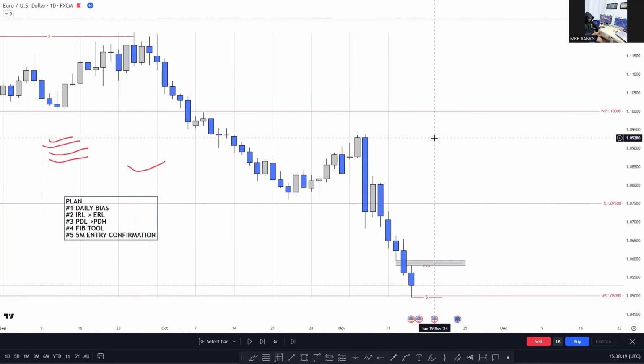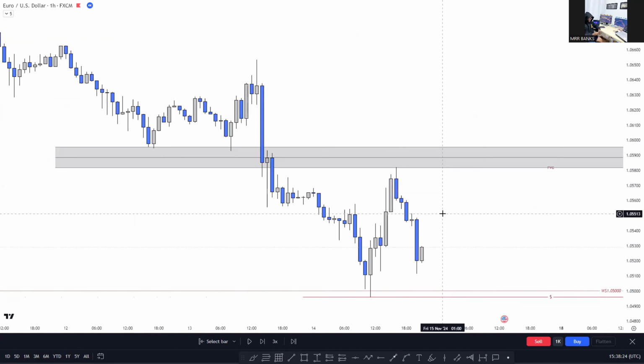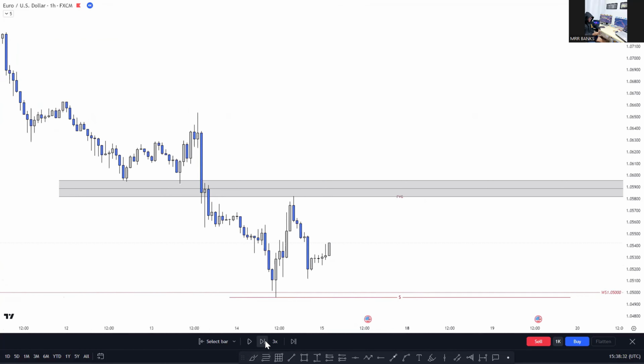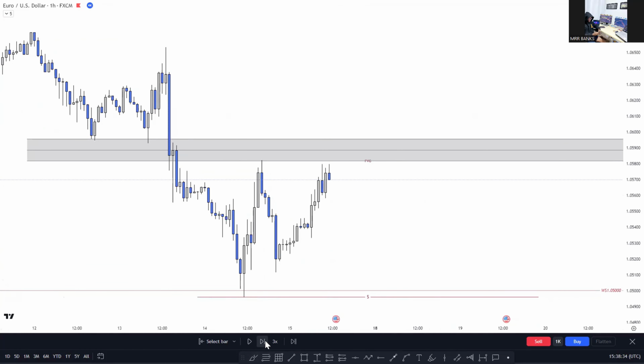So what I did was to scale down to the 1 hour time frame. I had my fair value gap sitting right above here. Friday opened and we saw price moving to the upside aggressively, and I identified my inducement level.